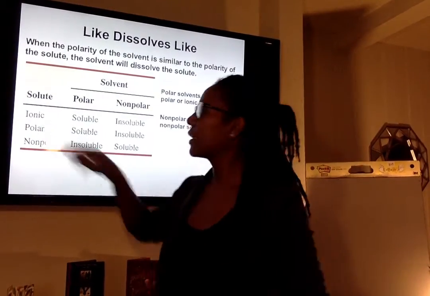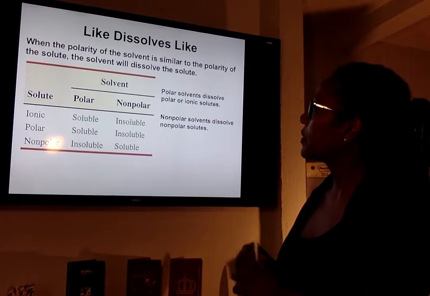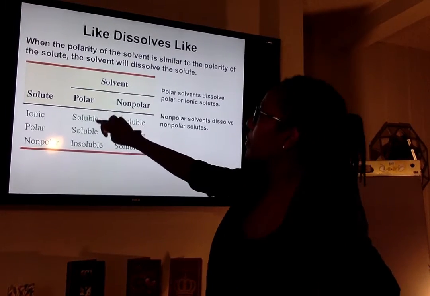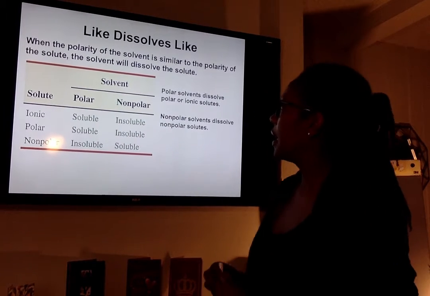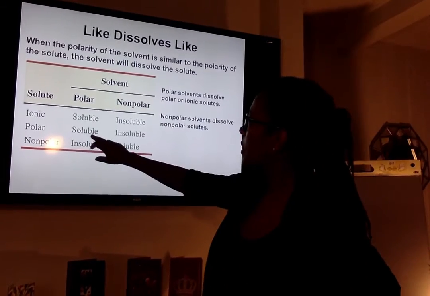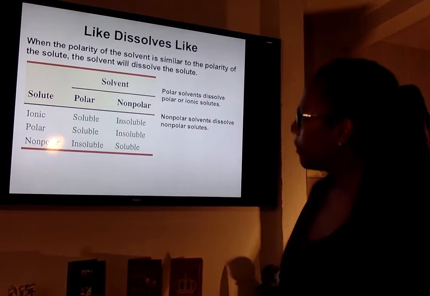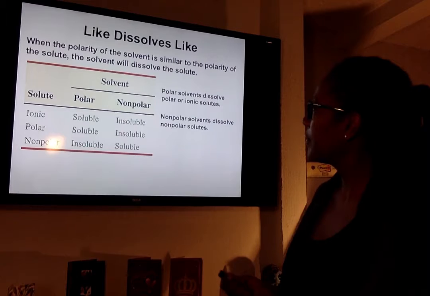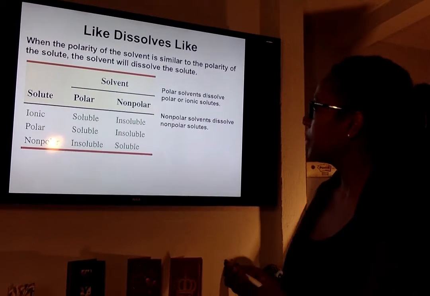For an ionic solute, it's going to be soluble in a polar solvent, and insoluble in a nonpolar one. For a polar solute, it's soluble in polar and insoluble in nonpolar. And for a nonpolar solute, it's insoluble in polar and soluble in nonpolar.